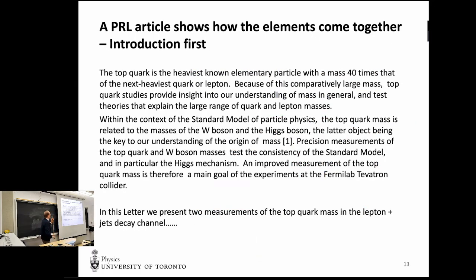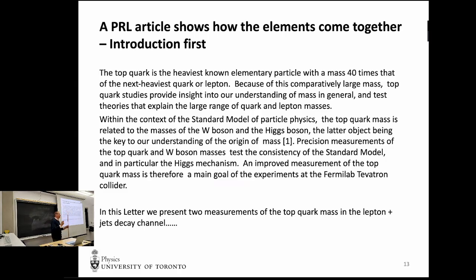Okay, so the PRL article of the abstract you just saw earlier, this is the introduction. I'm not going to have you read through all of it, but it first says what is the top quark? Why is it important? Within the context of the Standard Model, the top quark is related to the masses of the W boson and the Higgs boson, the latter object being the key to our understanding of the origins of mass.